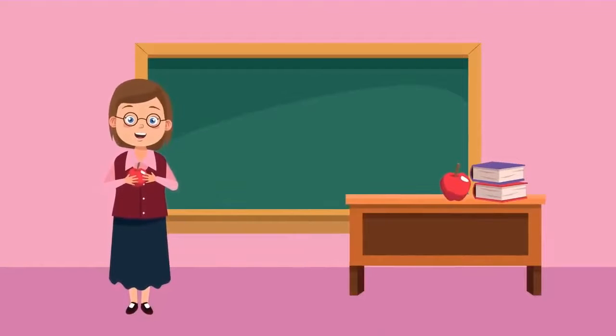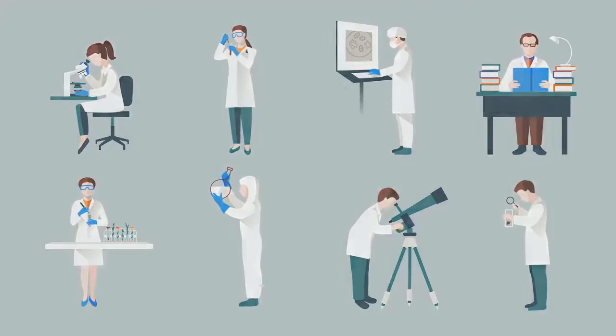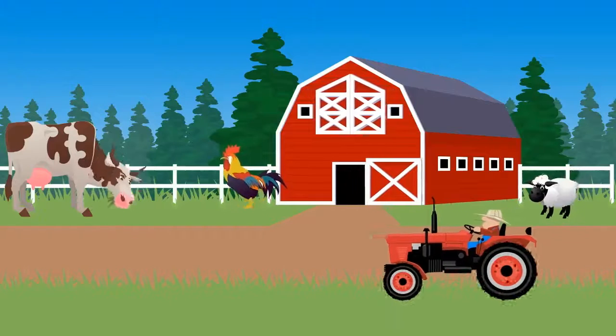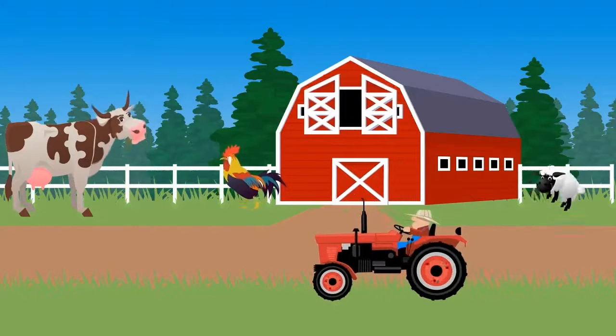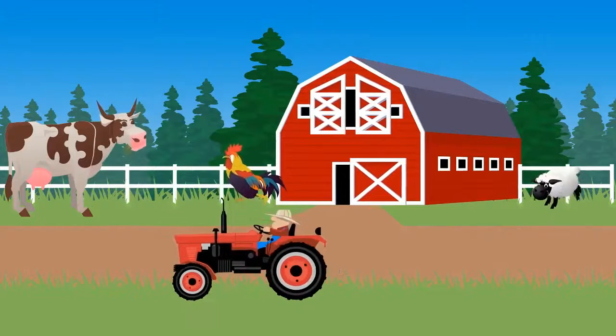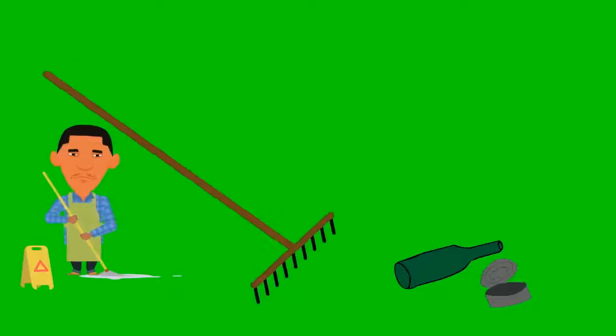I'm a school teacher and I teach children in the community. We are scientists. We make medicines and help the community. I'm a farmer. I help the community by growing fruit and vegetables.